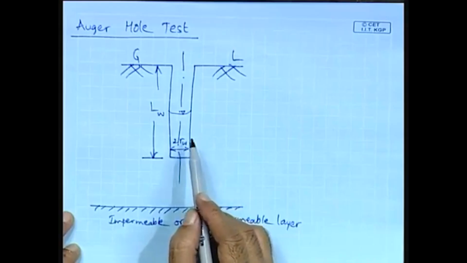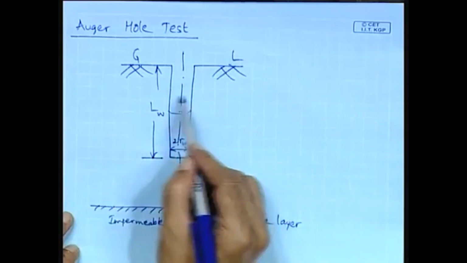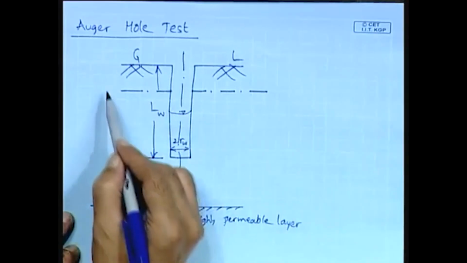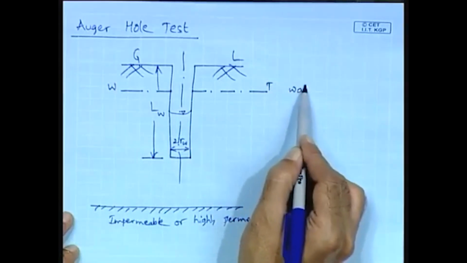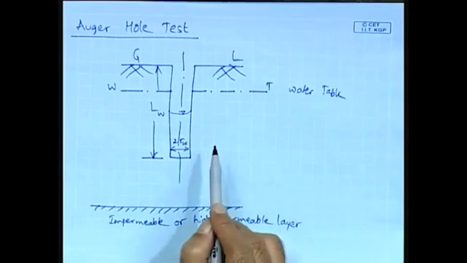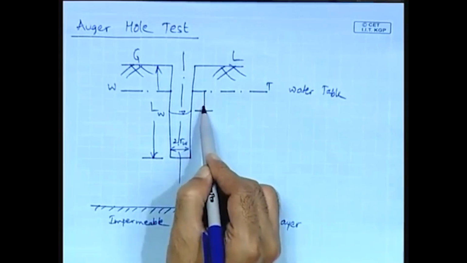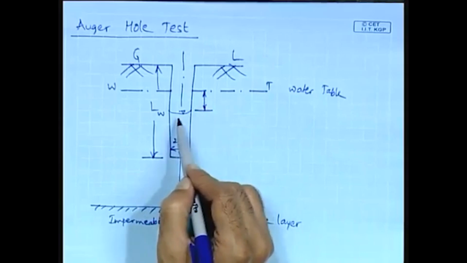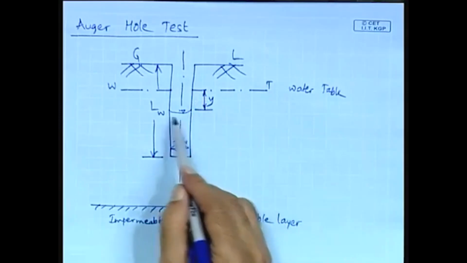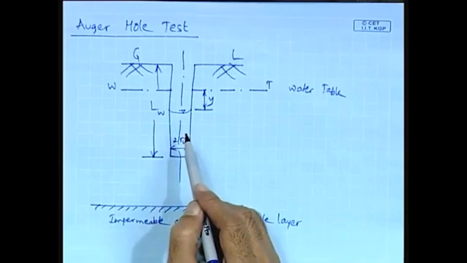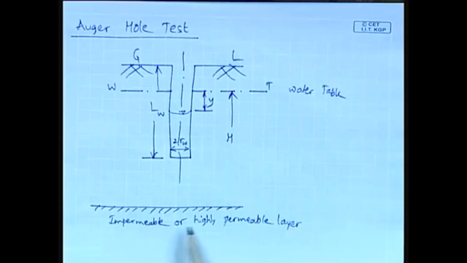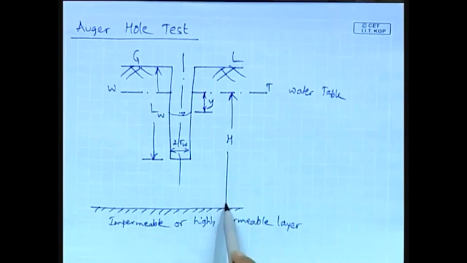And with respect to this, this is the water table denoted by Wt, and the drawdown in this auger hole, let this be y, the level difference between the water table and the water level in this auger hole, and the height of this water table above this datum of impermeable or highly permeable layer, let this be h.